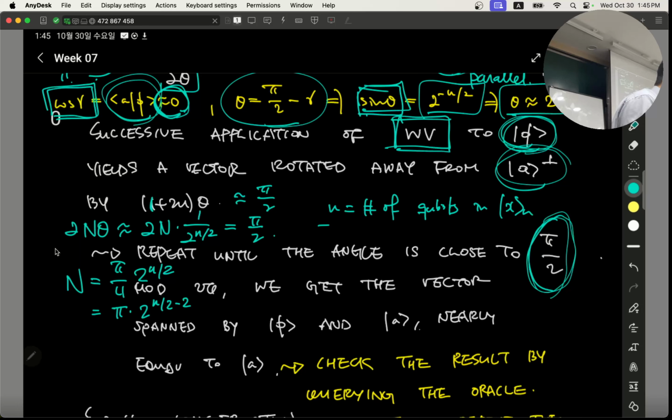Because you just ignore the constant pi and the minus 2 in the exponent. Let's say this is almost equal to 2 to the power of n over 2. That is the square root of 2 to the n. So if you use a classical computer, there's no way in principle, in the worst case scenario, other than calling the function 2 to the n times, right?